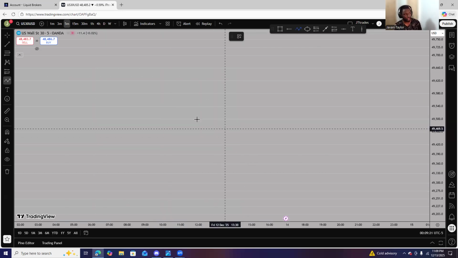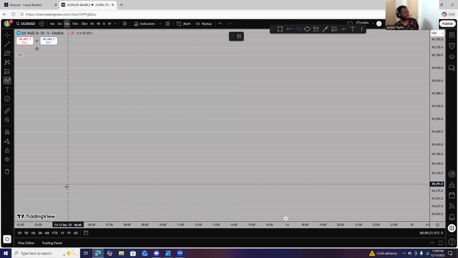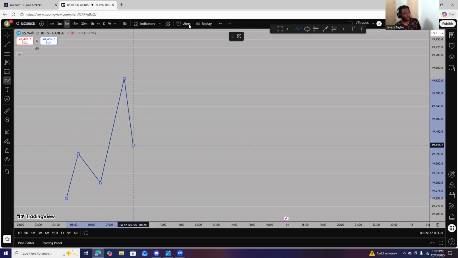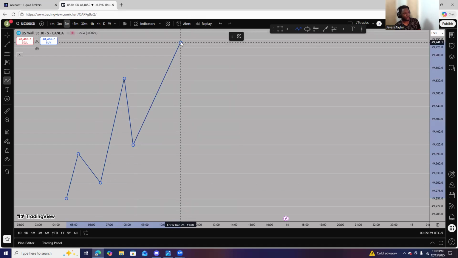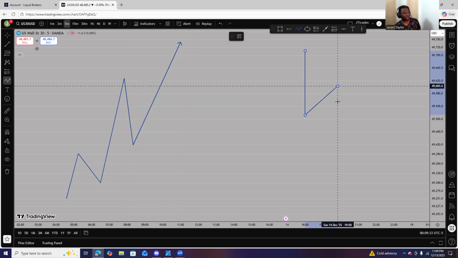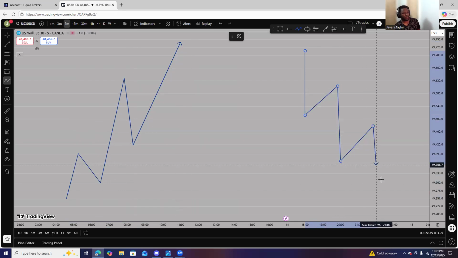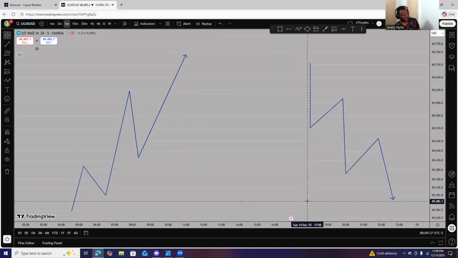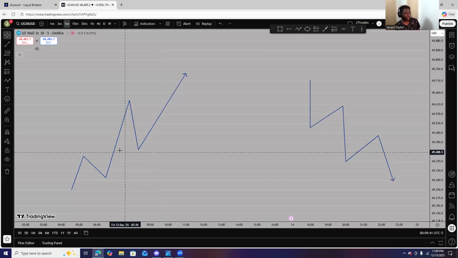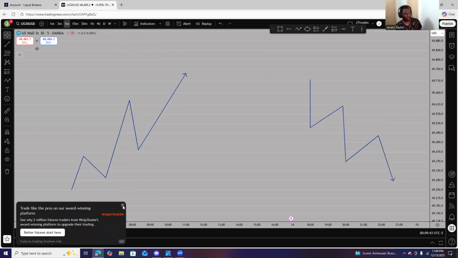So market structure. The market goes two-way. The market goes up, down. This is market structure. This is how the market moves.